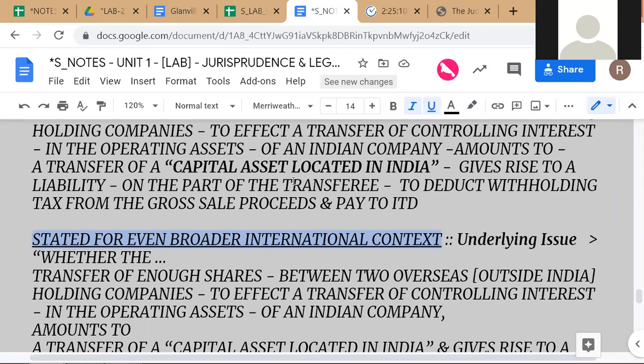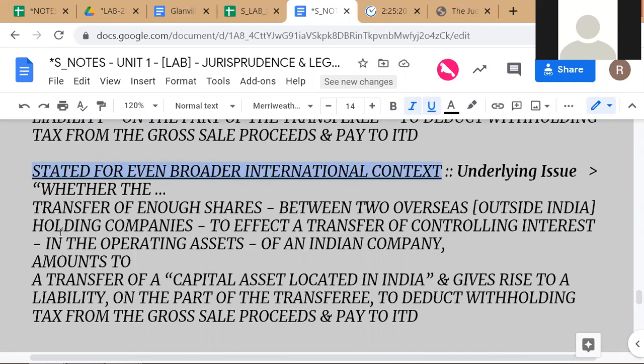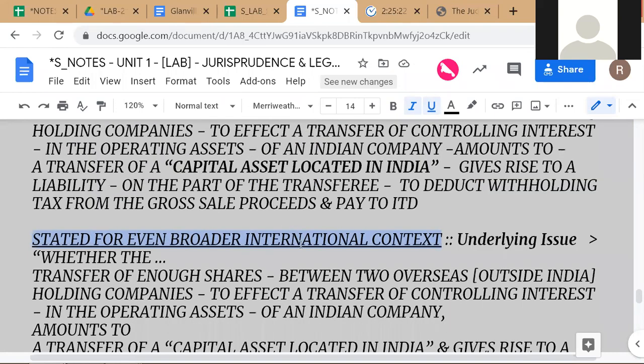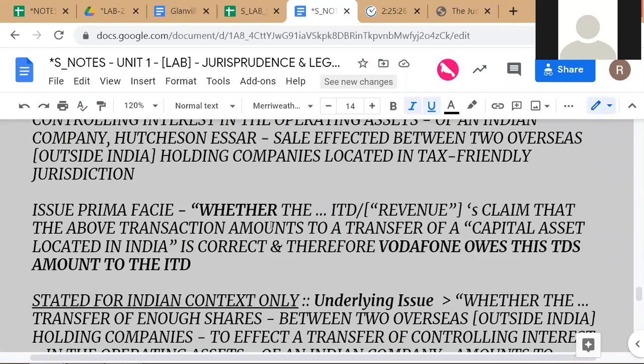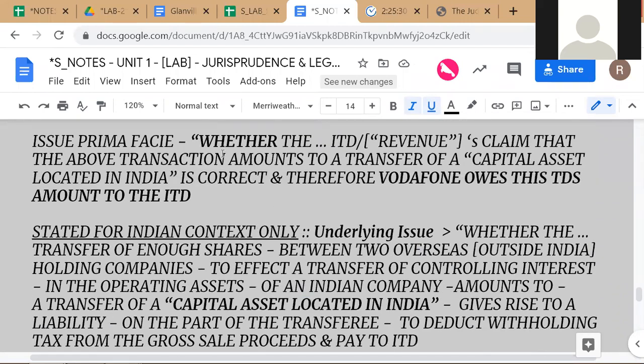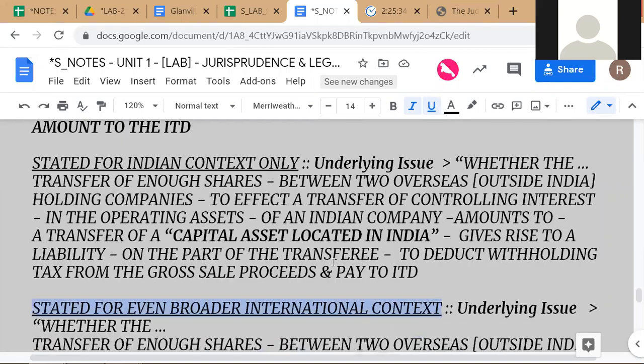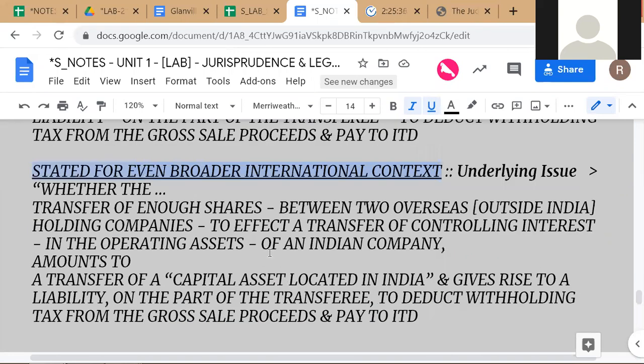It may not be there in the Australian or UK Income Tax Act. So you want to write more general language which can be applied anywhere in the world. Now you're going to a higher level of abstraction. It's one level of abstraction already from the issue prima facie. It's the same transaction, but you're now trying to identify the underlying principle. Then you state it even more broadly.